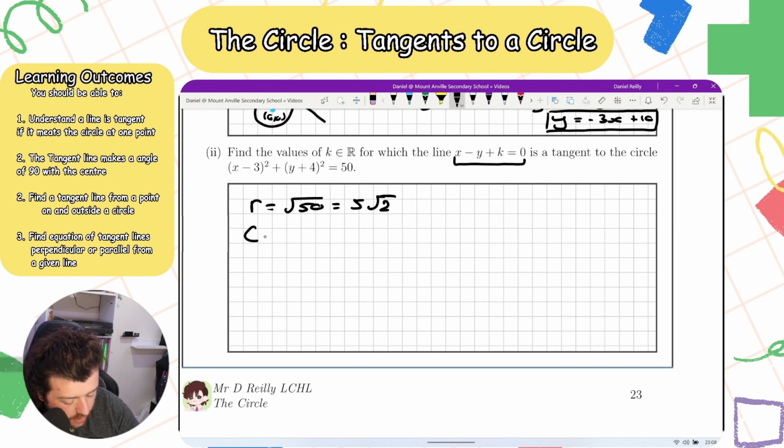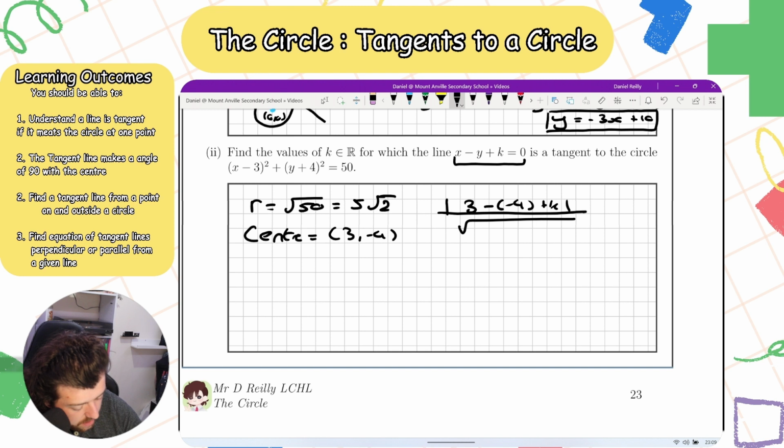And then my center point is equal to (3, -4). So my perpendicular distance is going to be 3 minus -4 plus k all over the square root of 1² + 1², which is equal to 5 root 2.